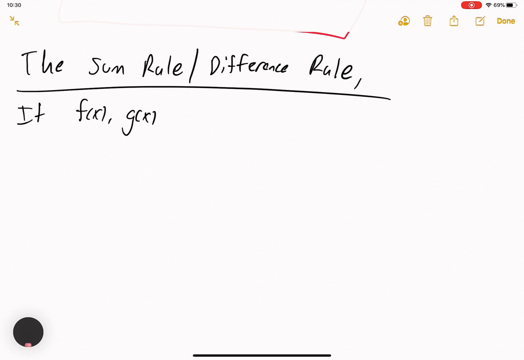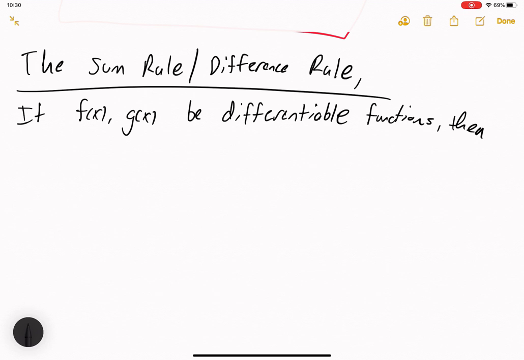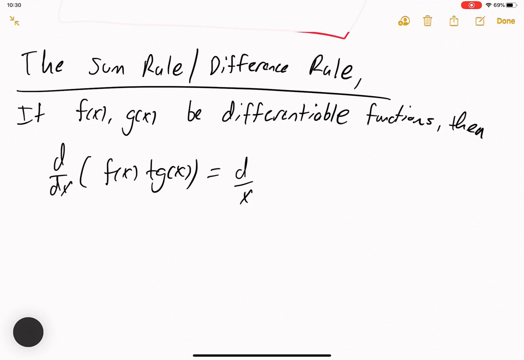Then we have d of dx of f of x plus g of x is equal to d of dx of f of x plus d of dx of g of x.